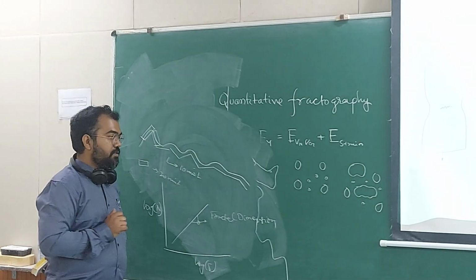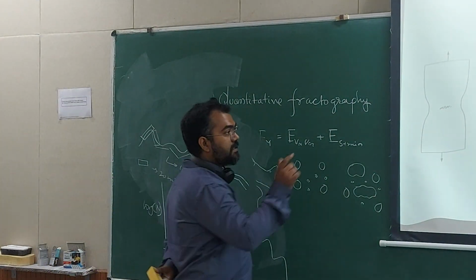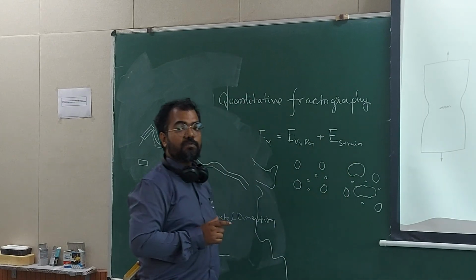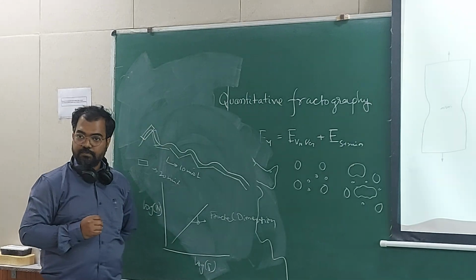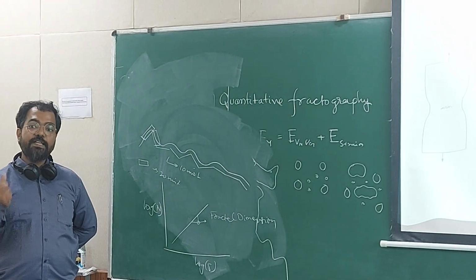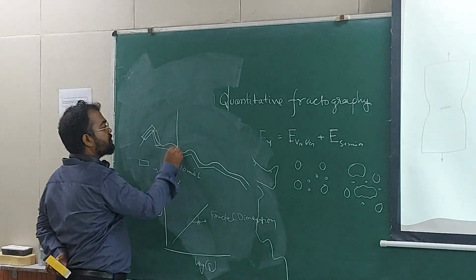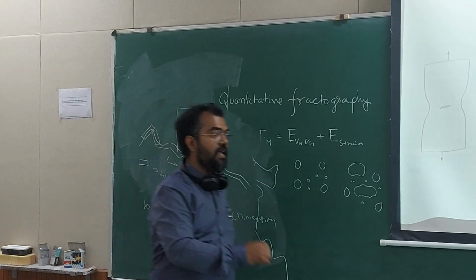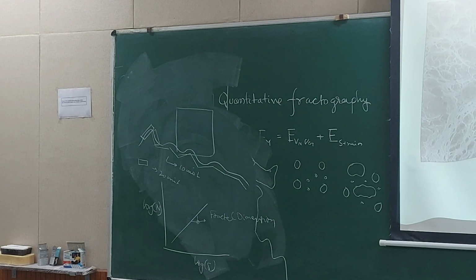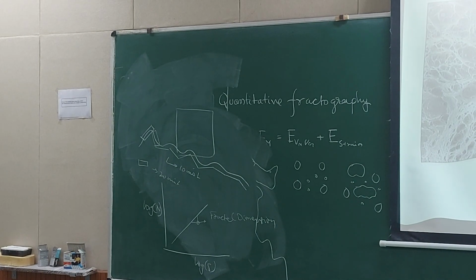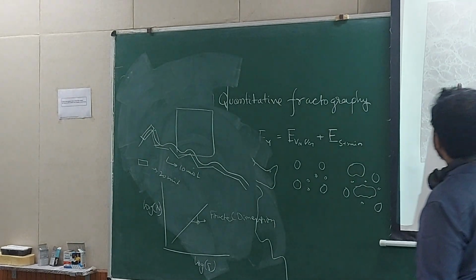So when you look at the scanning electron microscope images of the fracture surfaces at different magnifications, at each magnification you take an image, and that image will have dimples. So this is how the dimples will look like.